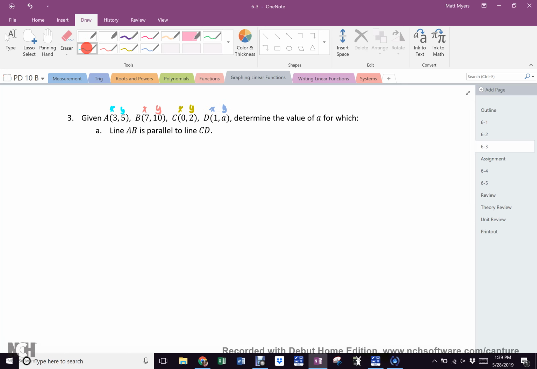Now, if line AB is parallel to CD, then what do I know about the slope of AB and the slope of CD? They'd be equal. Which one of those can I figure out right now? Slope of AB, what is it?